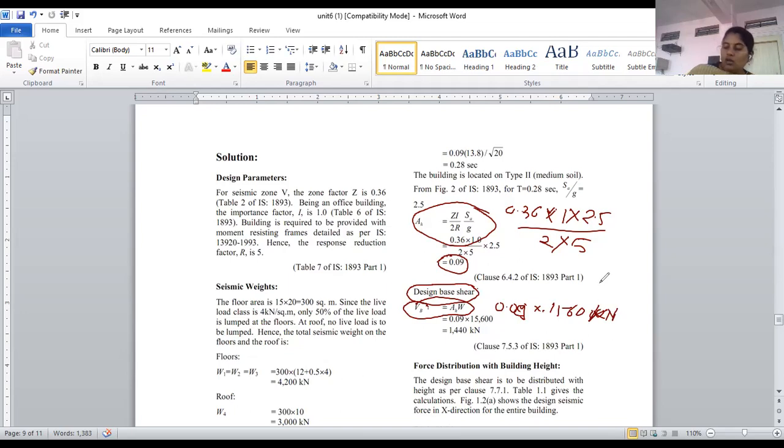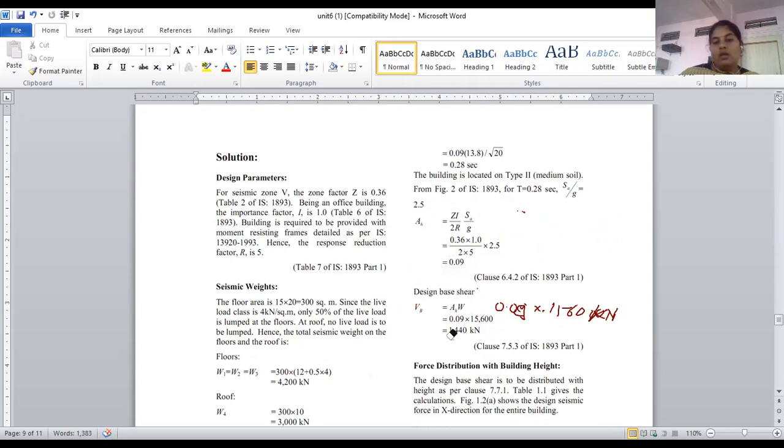Okay, so that is the VB value, the design base shear value. So calculate this Ta value, Ah value, and the design base shear value.